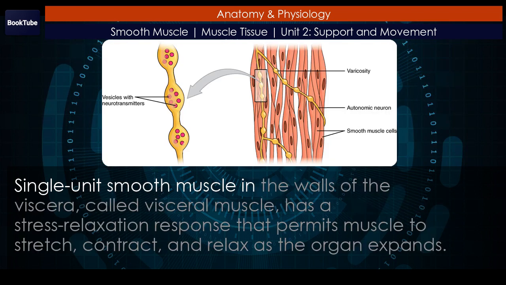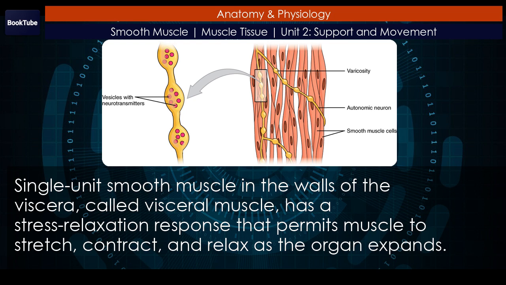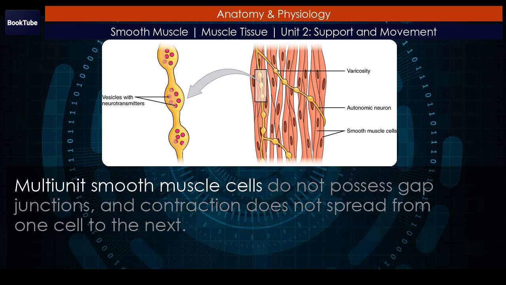Single-unit smooth muscle in the walls of the viscera, called visceral muscle, has a stress-relaxation response that permits muscle to stretch, contract, and relax as the organ expands. Multi-unit smooth muscle cells do not possess gap junctions, and contraction does not spread from one cell to the next.